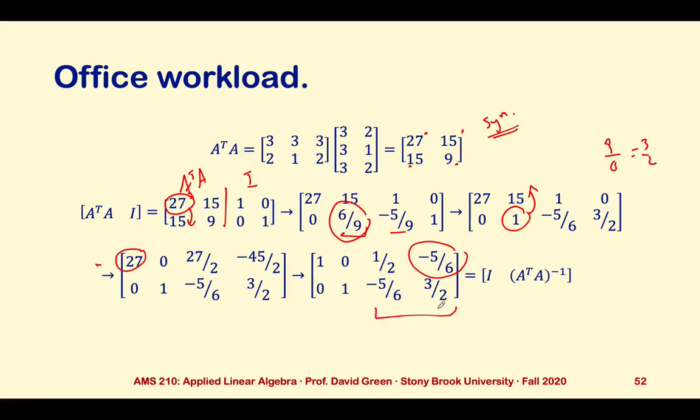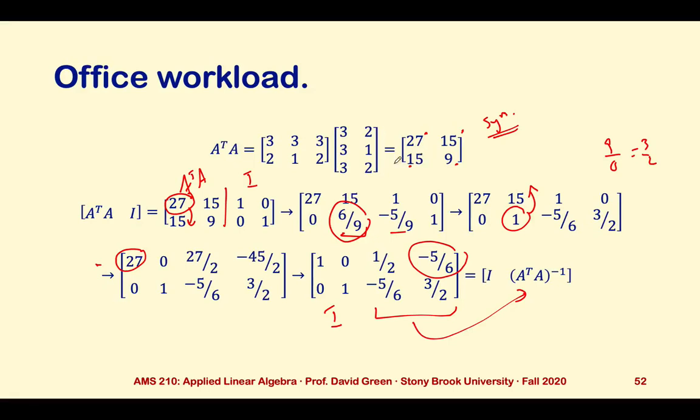Second time to give a check. This is our inverse. We have our identity block, and thus this second block is our inverse. It should also be symmetric, and it is. This is a good double check on arithmetic errors, making sure that we do in fact get a symmetric matrix. You can also always test this against the original matrix if you want to be sure that you correctly calculated the inverse.